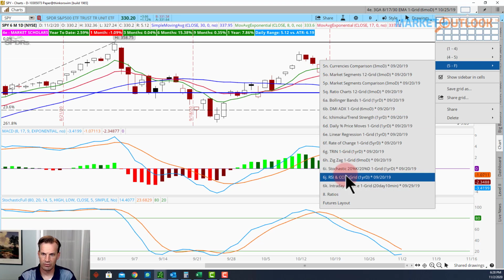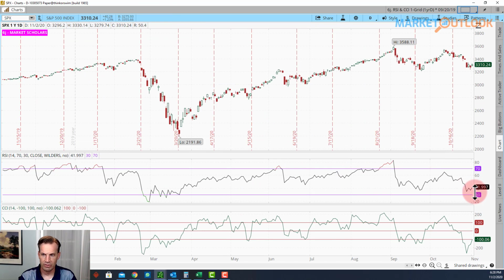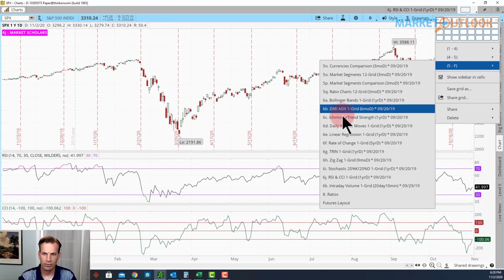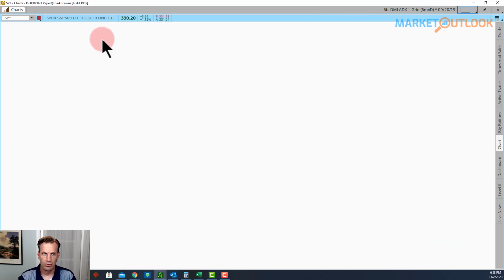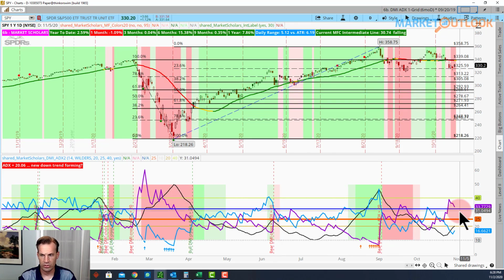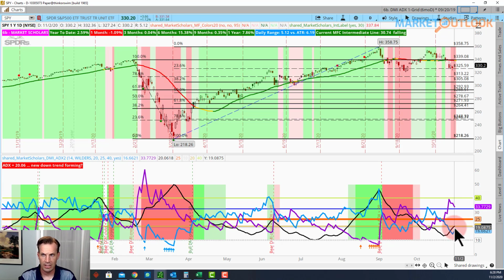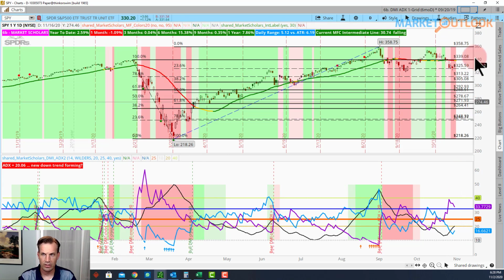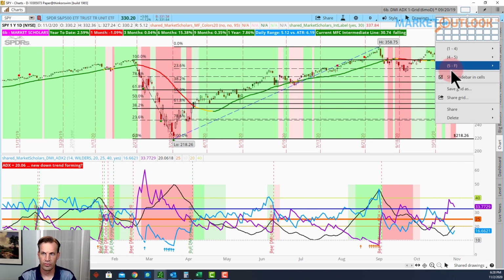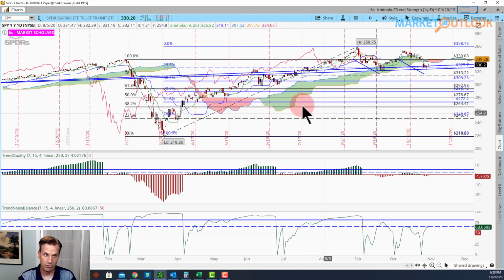Let's take a look at some of these other oscillators. You can see we're back above 40, so not as bearish, but we're still below this negative 100 level, so still relatively bearish on those oscillators. From a DMI standpoint, we're still above 30 in the negative and still below 20 in the positive with a rising ADX, which means we're getting a strengthening directional move, even with today's upward move.